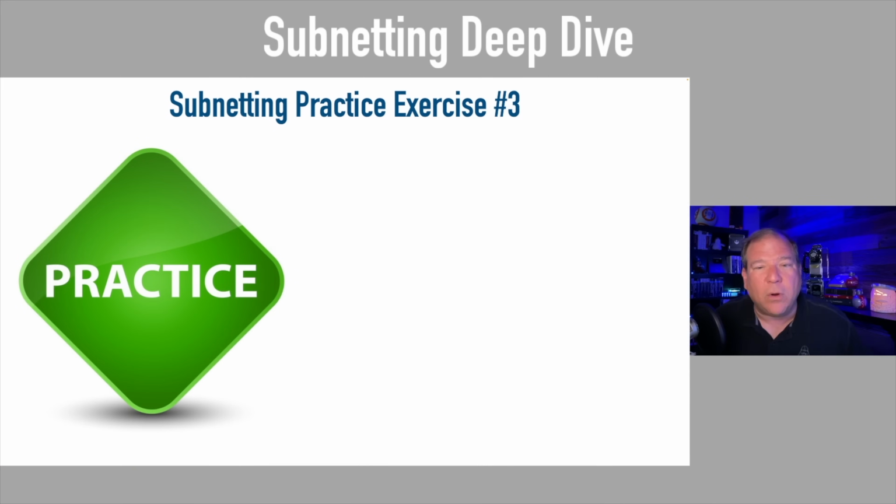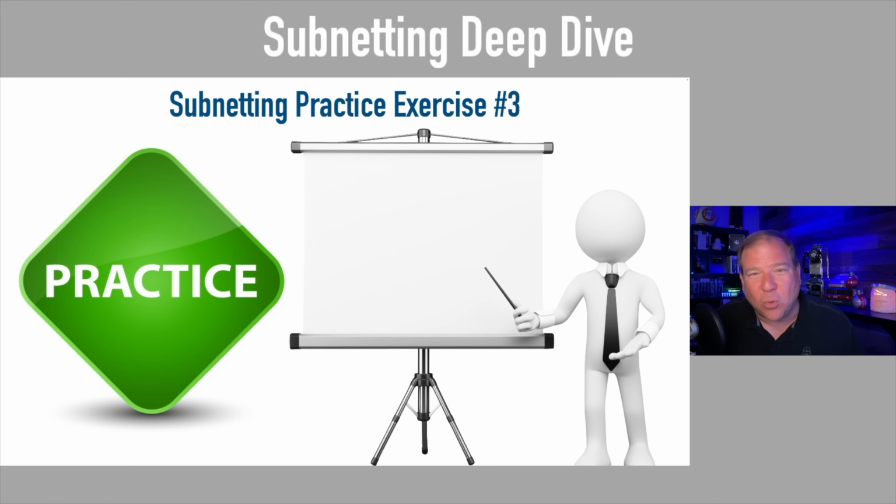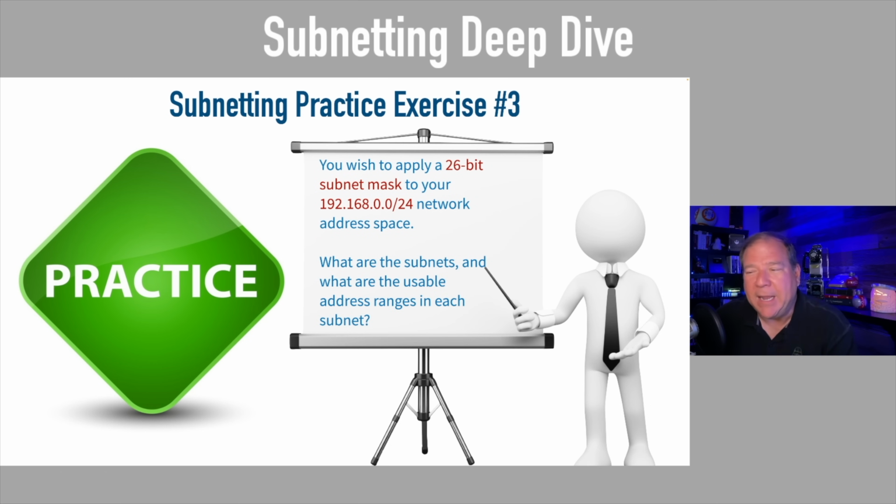Now let me give you a more real-world example, one that's not so clean, but more likely to show up in the real world. Here's our scenario. We want to apply a 26-bit subnet mask to our 192.168.0.0/24 network address space.